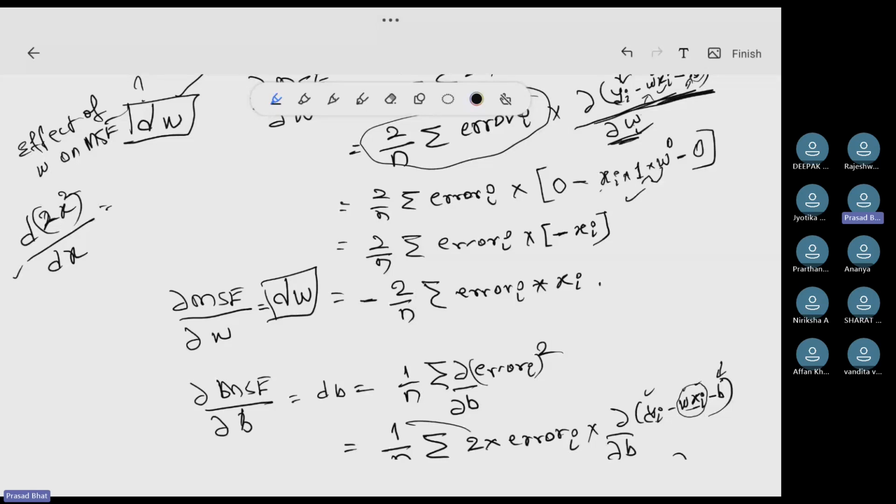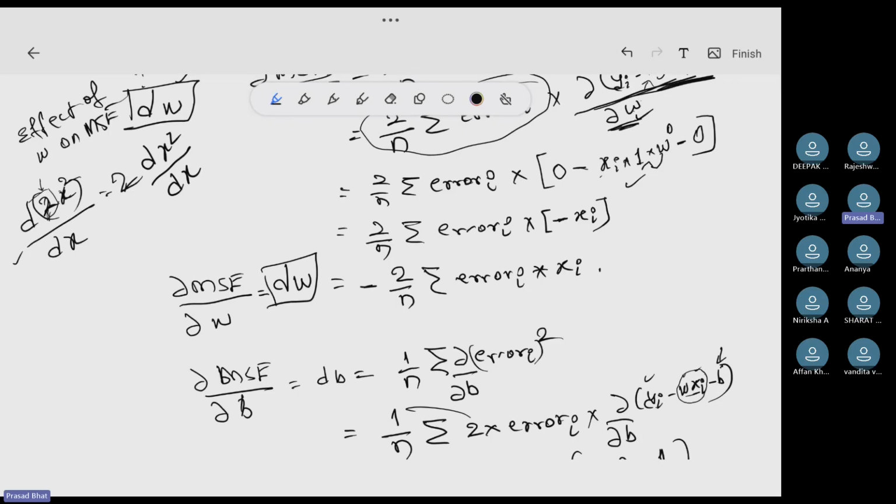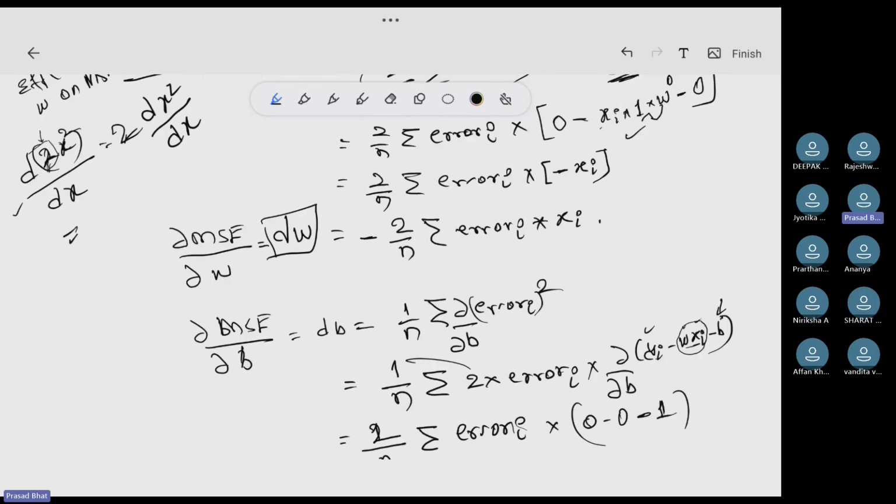In 2x square, 2 is a constant that is multiplied with the variable. So any change on x square is multiplied by 2 and then distributed over. That is why we can take this 2 as a common factor and write it as 2 dx square by dx. Then we differentiate x square with respect to x, and we get the previous 2 into 2x as the result after differentiation.